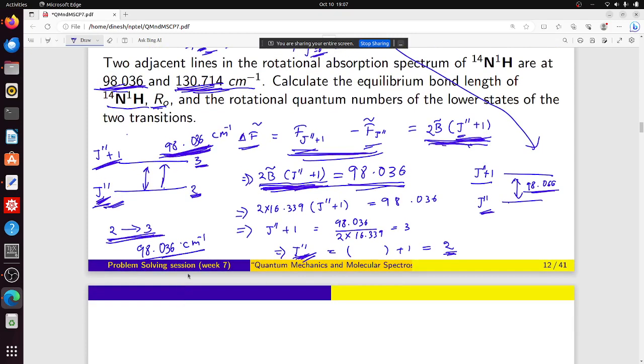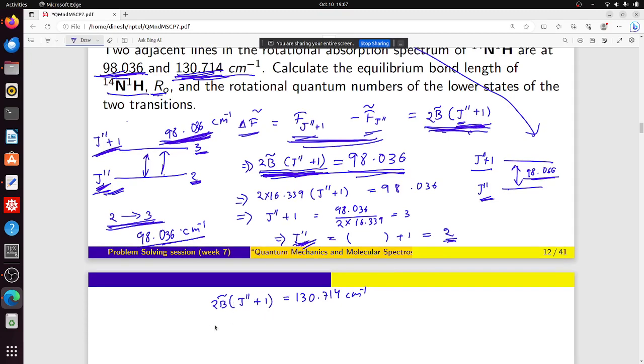Similarly, the next one also we can do: 2b tilde (j double prime plus 1) equal to 130.714 centimeters inverse. With b tilde we know, if we solve this, j double prime plus 1 will give us 130.714 over 2 times 16.339.